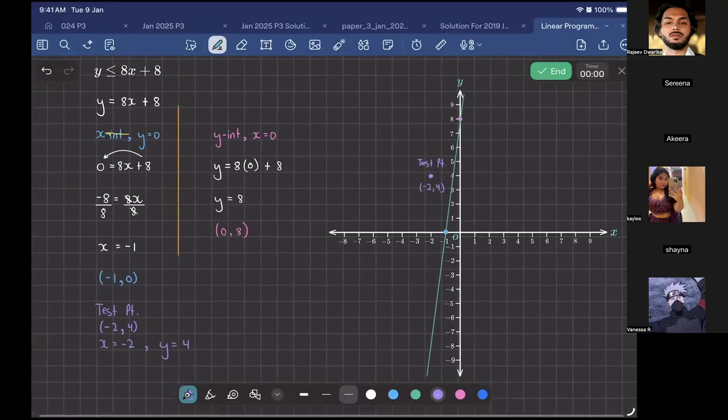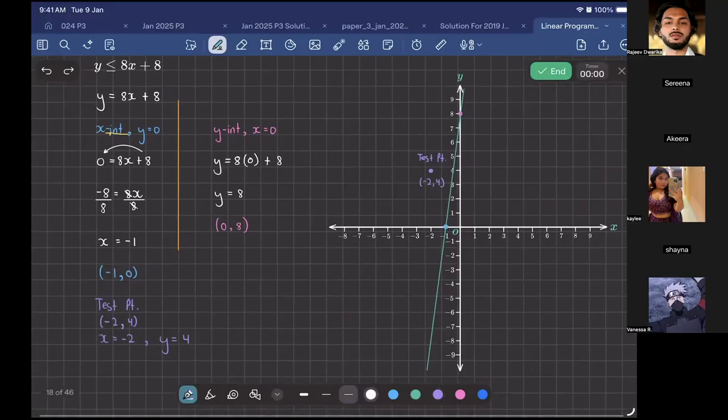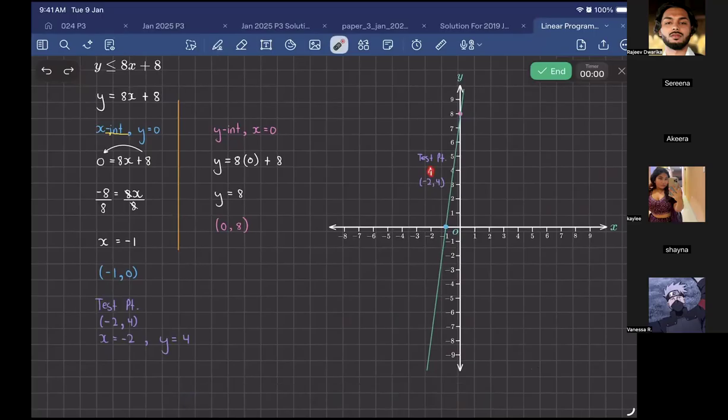So that being said, I'm going to plug it into y equals 8x plus 8. But what you're going to do, Kaylee, is leave out the sign. Because remember, is (-2, 4) on the line itself?